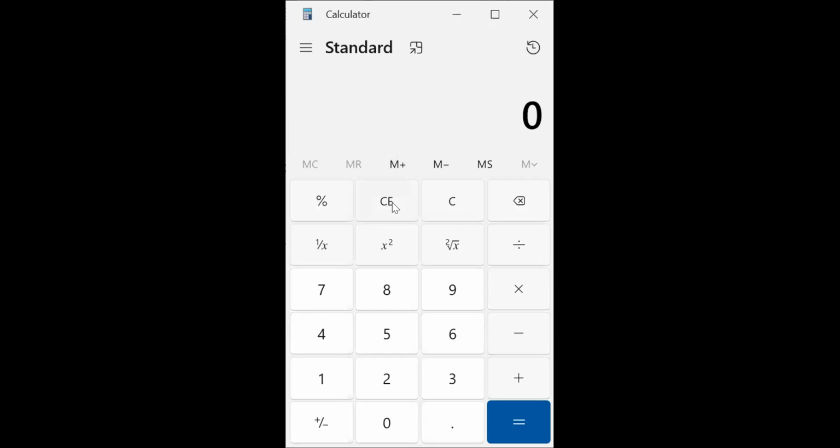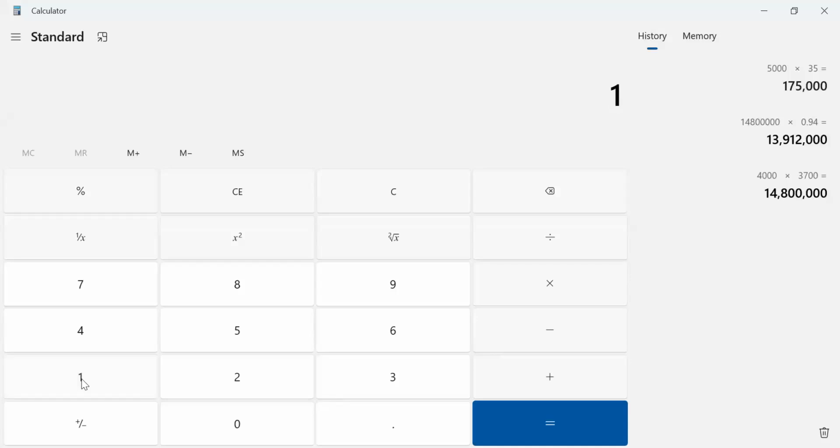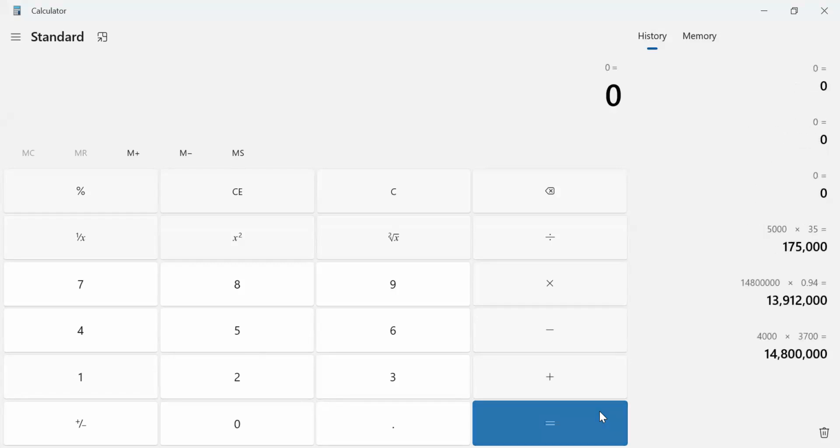So this is what I'm saying. I want to show you how reciprocals work, especially for my friends that didn't do mathematics. So 1 divided by 5 gives us 0.2.